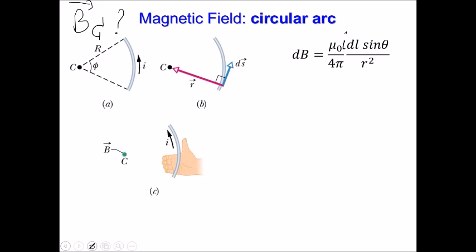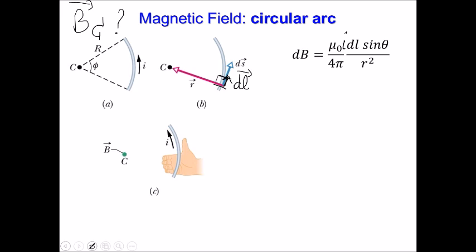What I will do is take an element length, dl, and they wrote it here as ds, and r is the position vector from the element of wire to the center. These two vectors are perpendicular to each other because dl is tangent to the circle. An element length is always tangent to the radial direction.